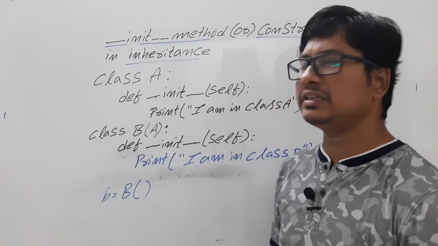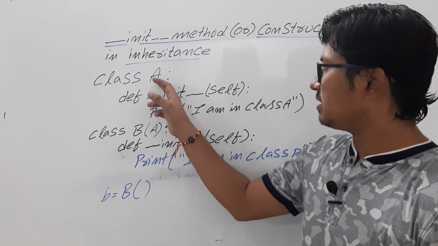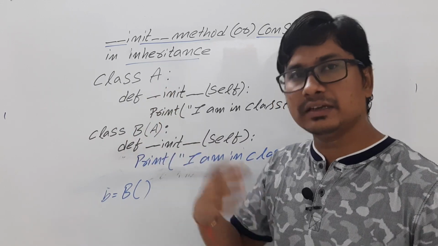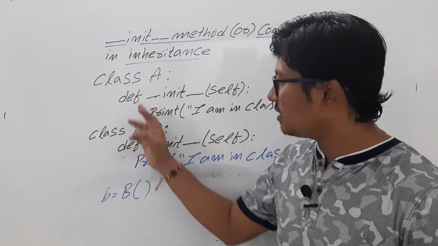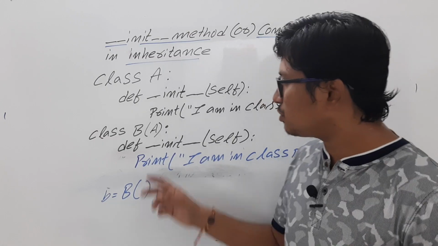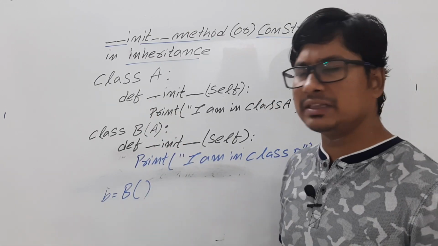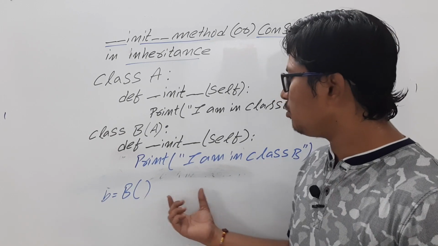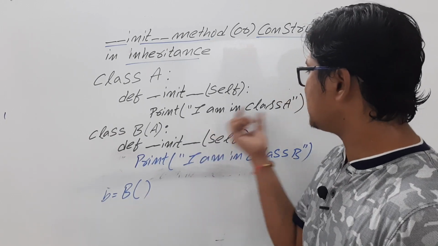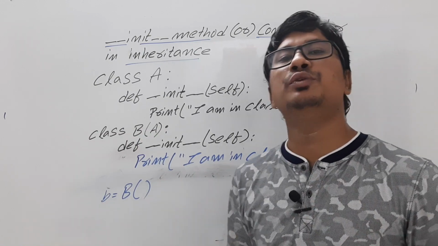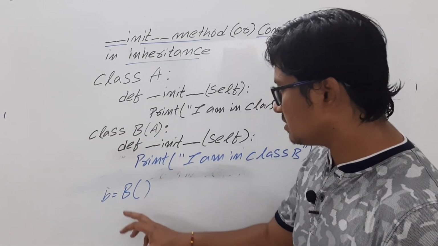A lot of students will think that because class A is the parent and class B is the child, whatever properties are there in class A will come to class B also. So in class B you have two init methods, so both the init methods will be invoked. A lot of people will think that you will get an output as I am in class A, I am in class B. It is absolutely wrong. Why is that?